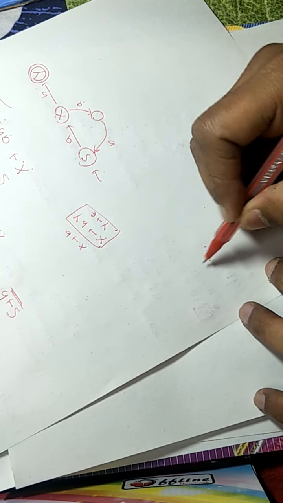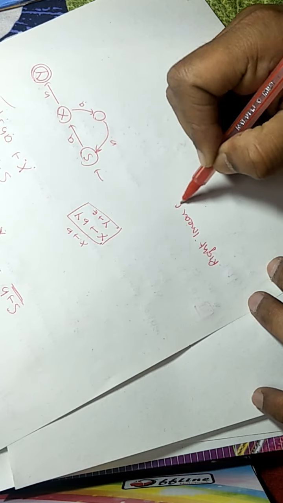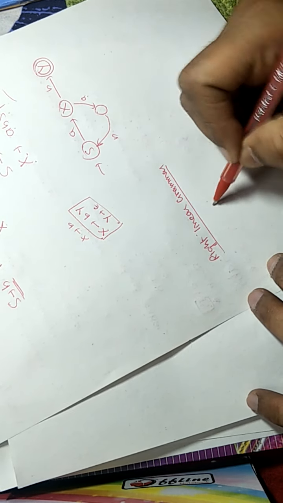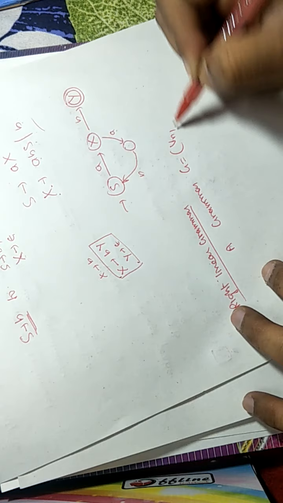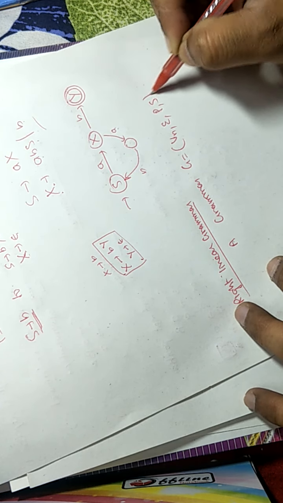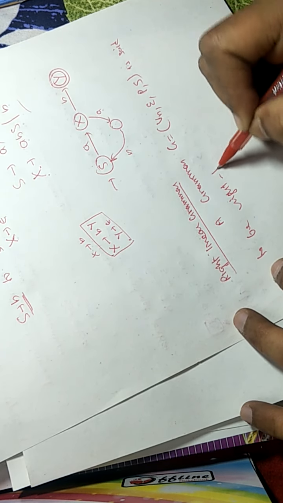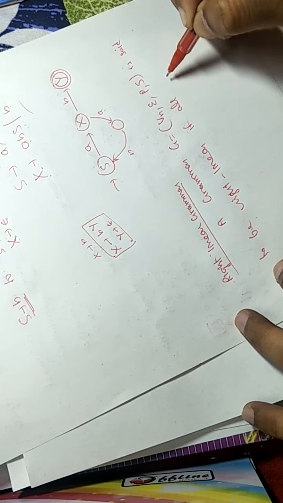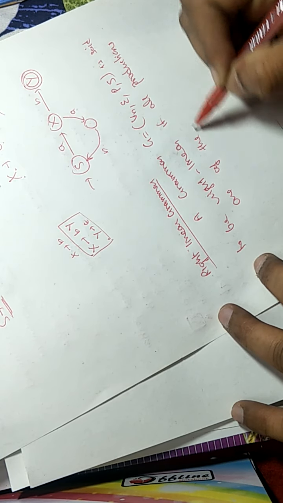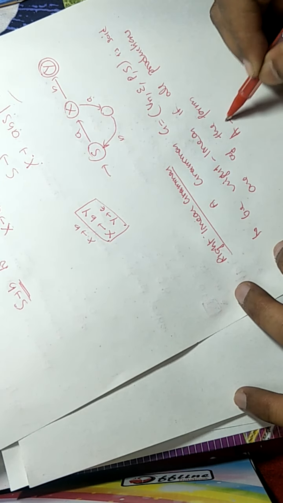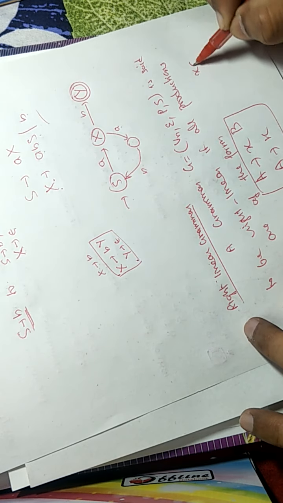Look at the definition of right linear grammar. A grammar G equal to non-terminals, terminals, productions, and start symbol is said to be right linear if all productions are of the form A tends to xB or A tends to x, where x is made of terminals only.